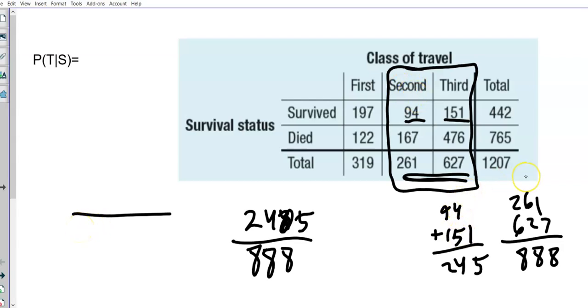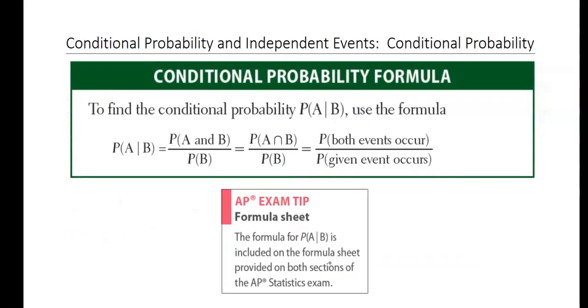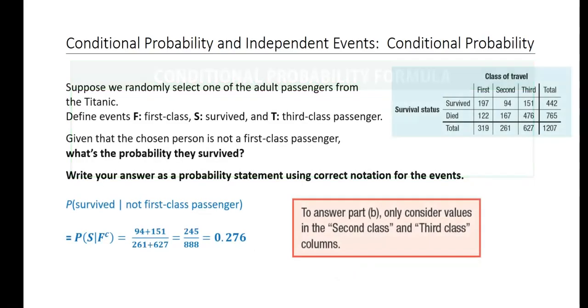It was 261 plus 627. So 888 divided by 1207. The formula says probability of A and B. This was both those things happening: surviving and not first class.